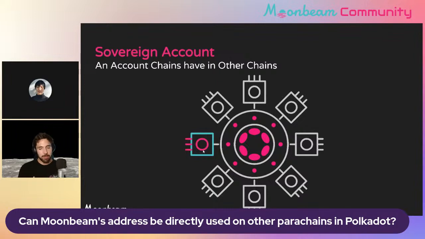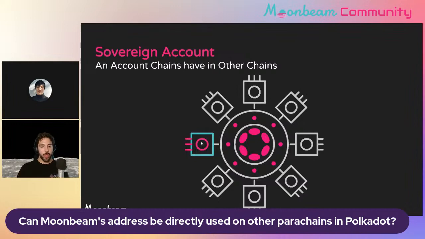That seems really complex, but think about what happens if all the complexity is abstracted from you in a nice interface. I always give this example: imagine I'm a user on Polkadot, but I want to tap into Moonbeam. I want to send my DOTs into a liquidity pool on Moonbeam in a DEX.